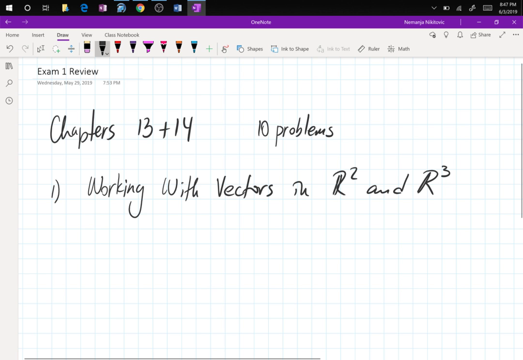The terminal point to obtain a vector by subtracting 2 points. Vectors are free to move in space. All of that stuff. So working with vectors would be the first, in 2D and 3D. So technically that's your first 2 sections. And then we have the dot and cross product.